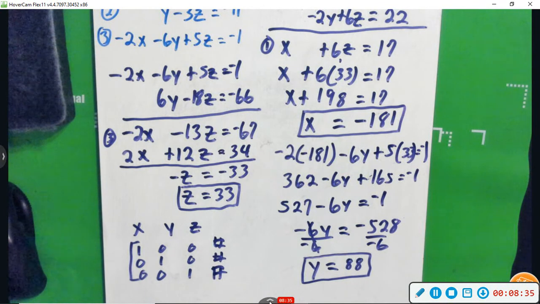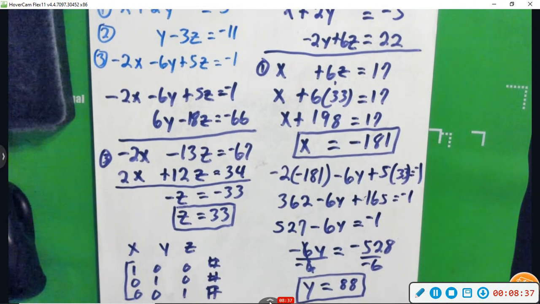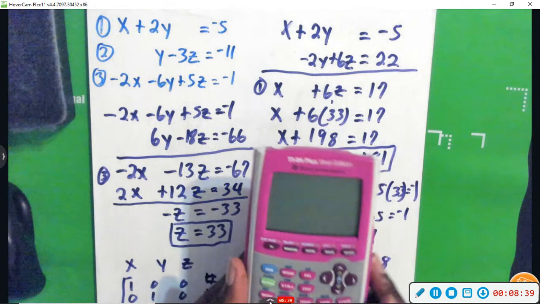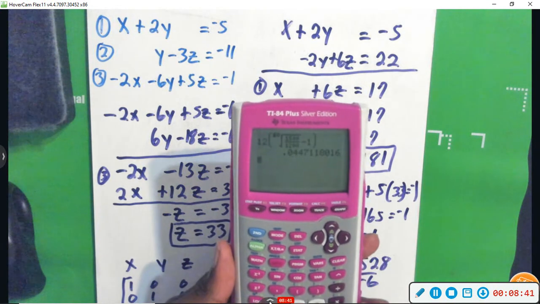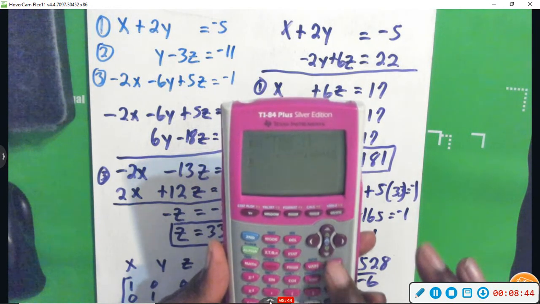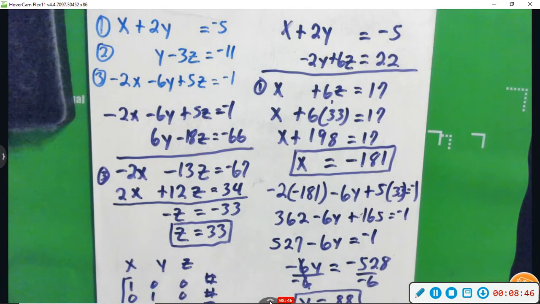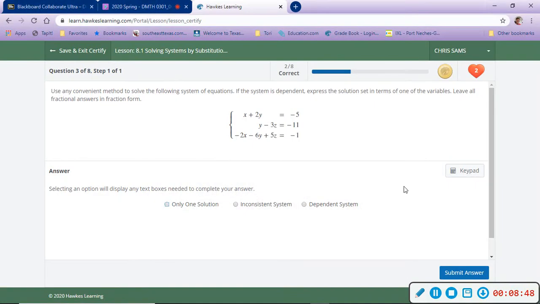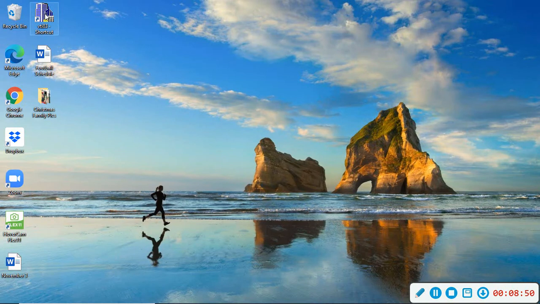Alright, so here's how we do this in the calculator just to check. And you could do this all the time. I'm going to turn this on. Clear. Let me actually use the calculator on the screen. Might be better to see with.